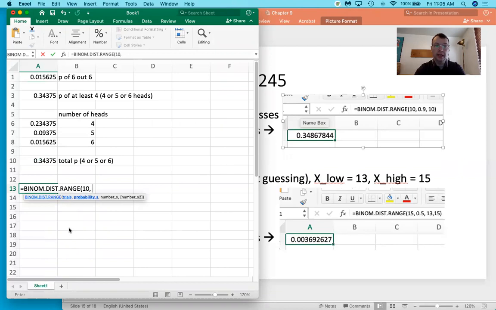Our number of trials is 10. Now our probability of success is 0.9, and we're interested in 10 out of 10. So it's actually not a very large chance, 0.34, 8, 6, 7, so on and so forth. Why is that? Because each key is not guaranteed to work.